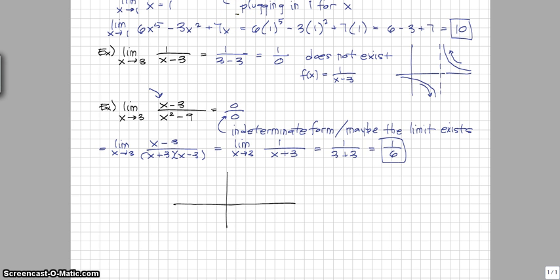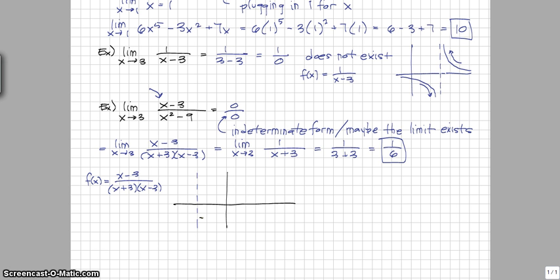So, if we're talking about this function, f of x is equal to x minus 3 over x plus 3 times x minus 3, then we know by the way that we've graphed rational functions in the past, the denominator will be 0 when x is equal to negative 3, and the numerator will not be 0 at the same time. So we have a vertical asymptote at x equals negative 3.